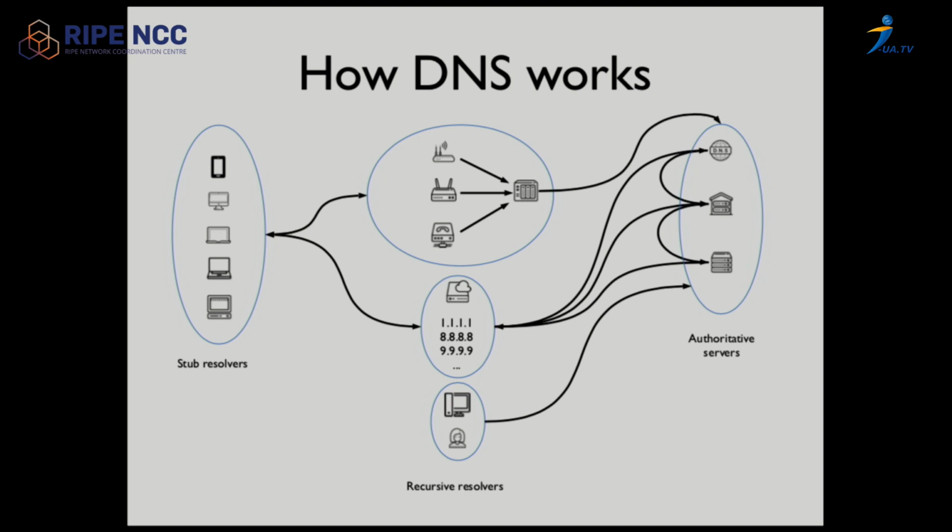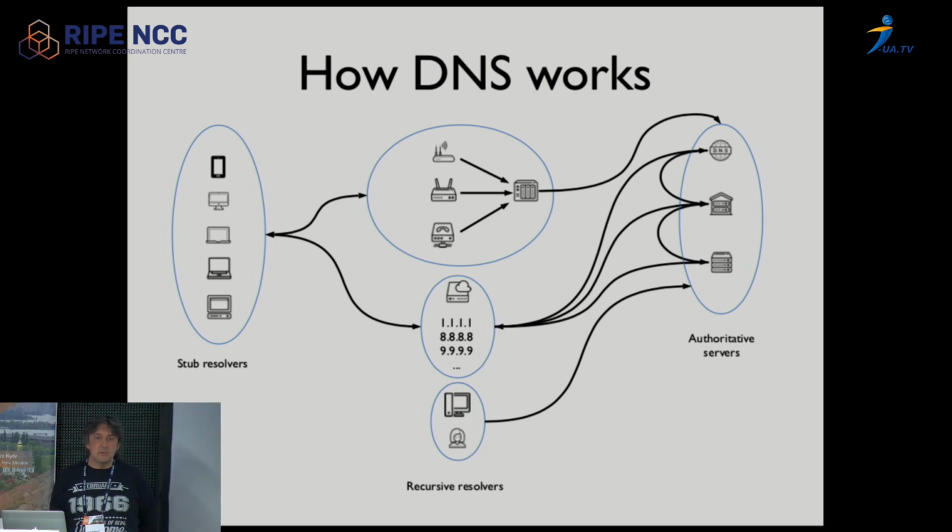Next, we have this stub resolver which helps to contact recursive resolvers. Right now, they can belong to internet service providers who provide you access to the internet. Together with providing you an IP address, usually they also provide the address of the resolver they use to work with names.